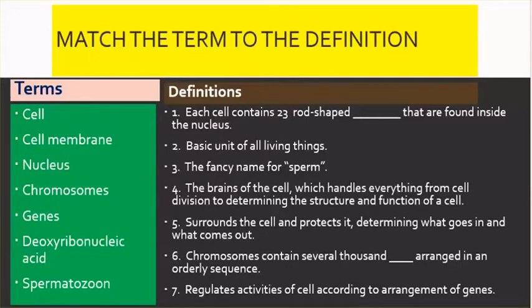The brains of the cell, which handles everything from cell division to determining the structure and function of a cell. Number 5, surrounding the cell and protects it, determines what goes in and what comes out.